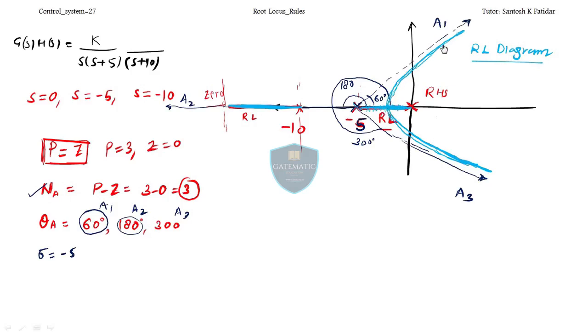Because they have to go to infinity. Why are they going to infinity? Because they have to meet the zeros. Correct? So they have to break themselves over here on the real axis. So this point is nothing but the break away point.